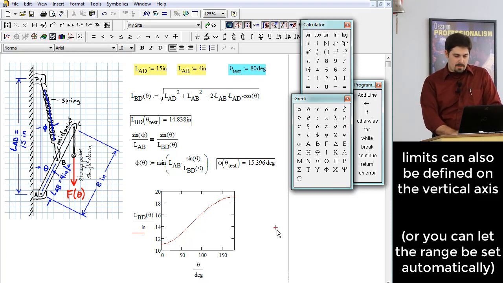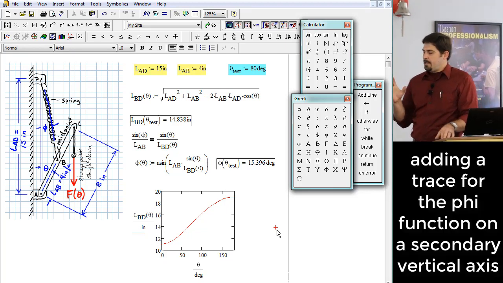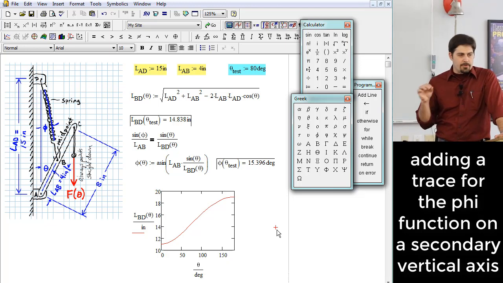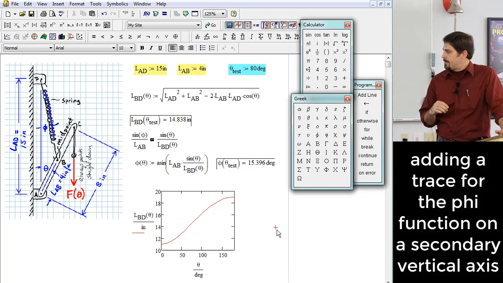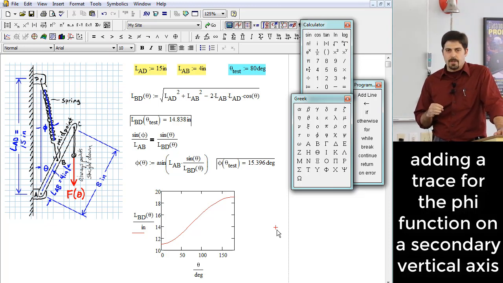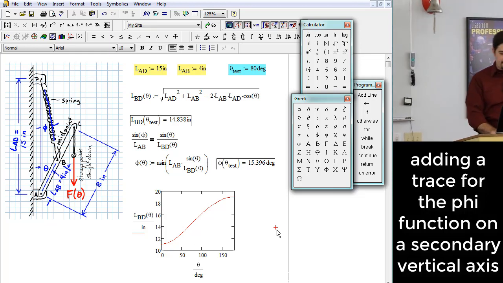All right, but I said what we wanted to do was to put in two different plots. What's the other plot that I said we wanted to put in? We want to put in phi of theta, which is the other angle opposite of where theta is.